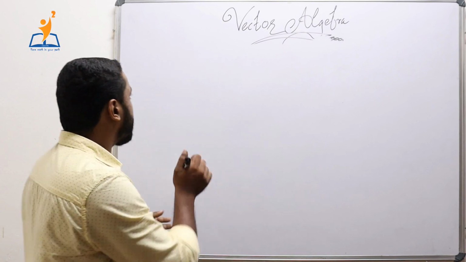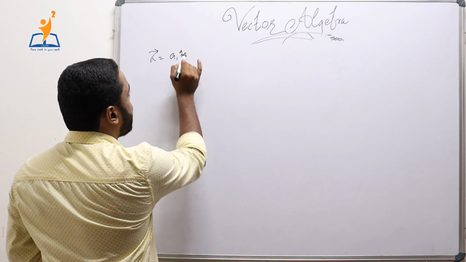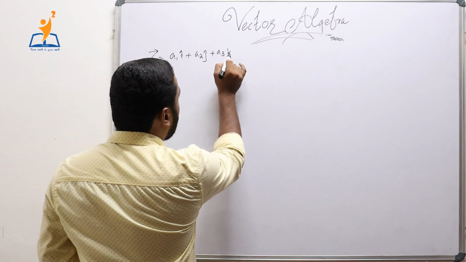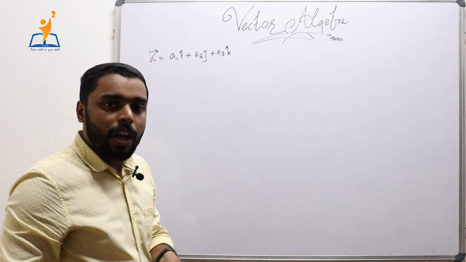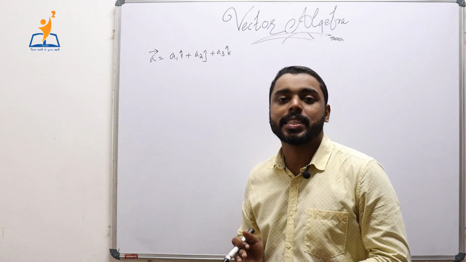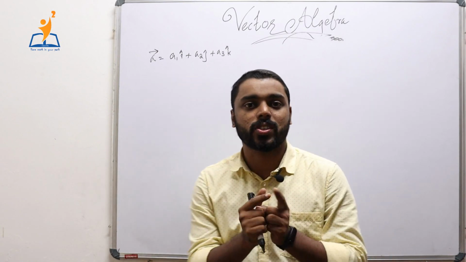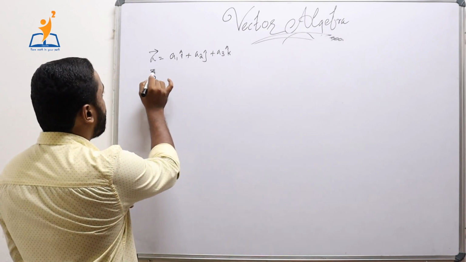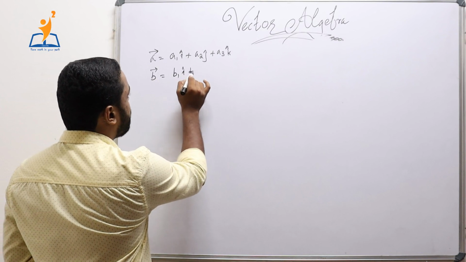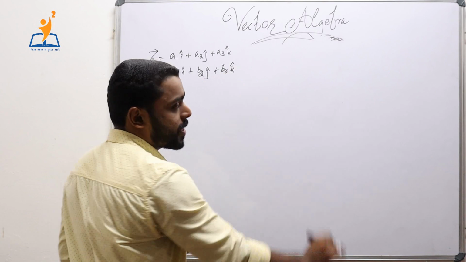So in that case, let me define vector A as a1 i cap plus a2 j cap plus a3 k cap. I am able to do so because we have already said that it is always possible to represent any vector in this component form, with the three components. And also let me represent vector B as b1 i cap plus b2 j cap plus b3 k cap, right?